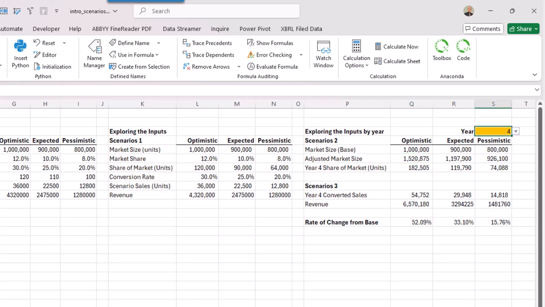Let's check that. It's a data validation cell, says 1 to 5. So I click on year 1. For year 1, I don't want to cause any change from the base case to adjusted market size for year 1. It's assuming at the end of year 1, and we assume the investment or the sales were all at the end of year 1.